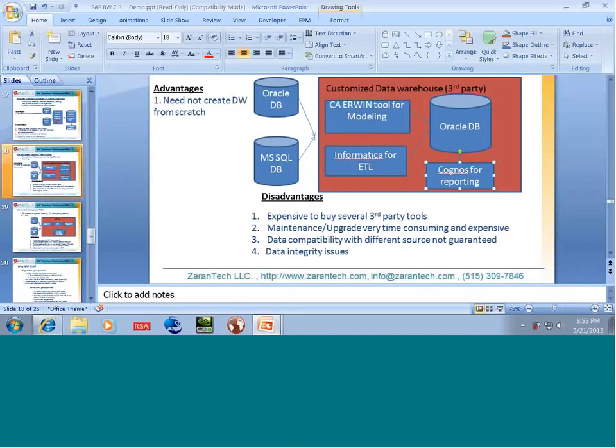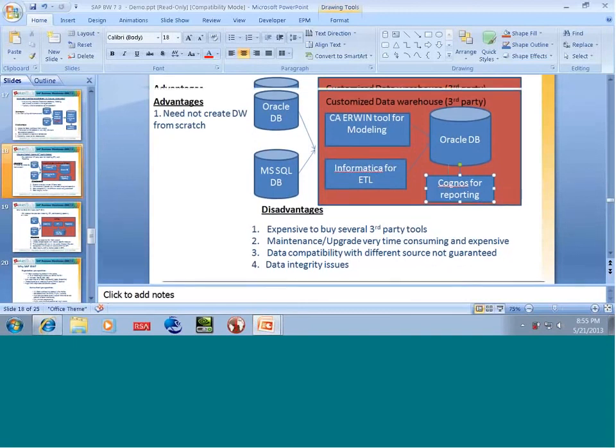That is, data coming from a source system could be interpreted one way, but when it actually ends up in the data warehouse, it could be a different version of the data. So the data integrity issues can arise because these three tools are different independent tools. So these are the limitations of going for a third-party kind of data warehousing tool.